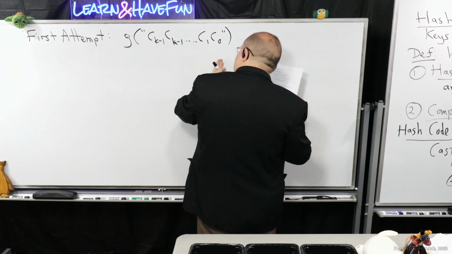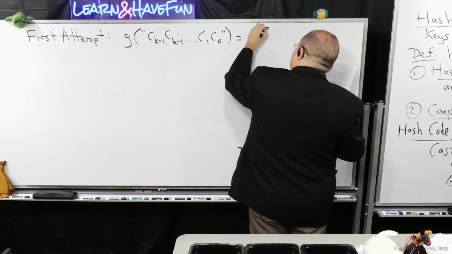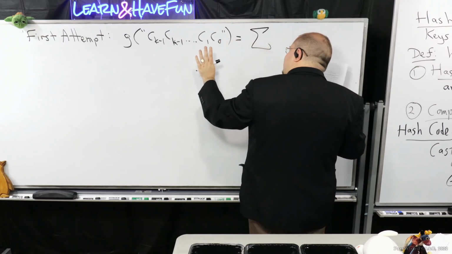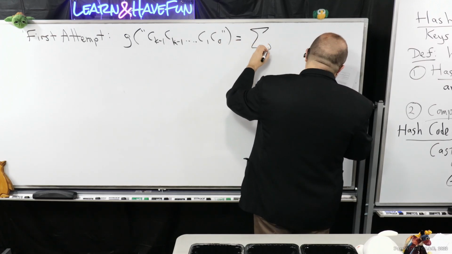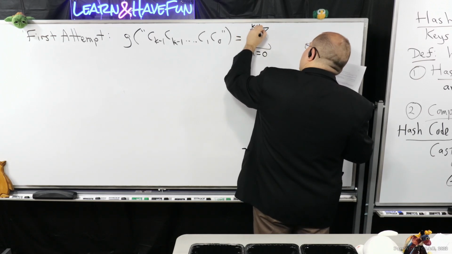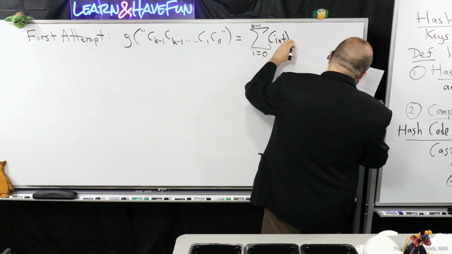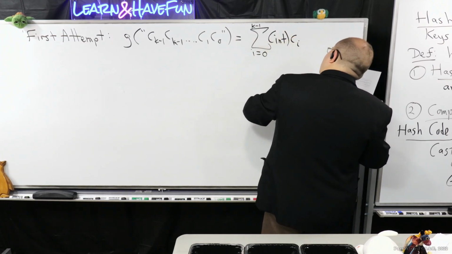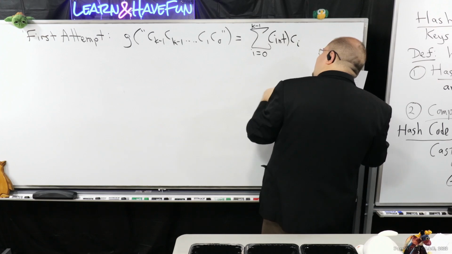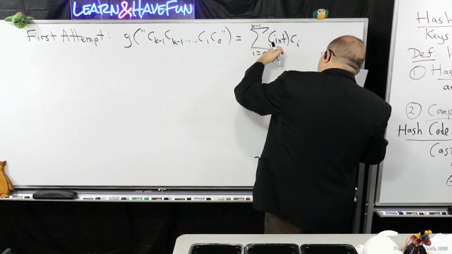Suppose I give you a string with characters like this. To get the integer, what I do is I sum over each one of the positions in this string. I grab each one of the characters, cast it to an integer, and add this to a running total.